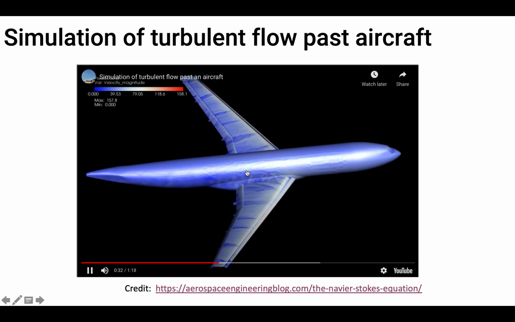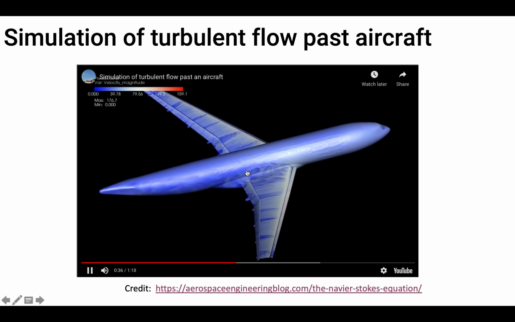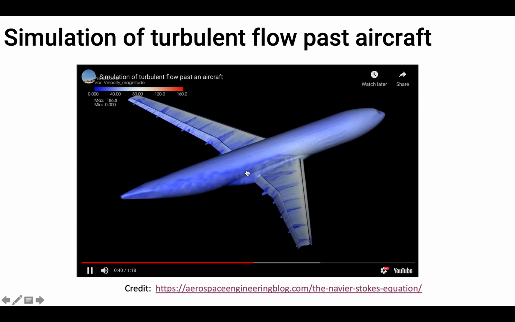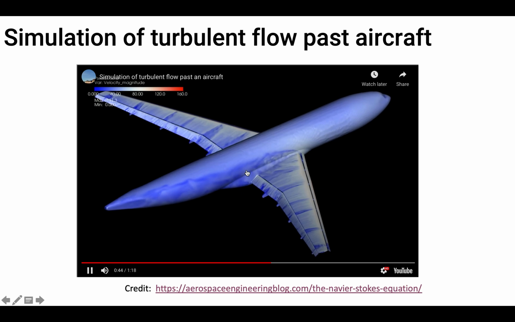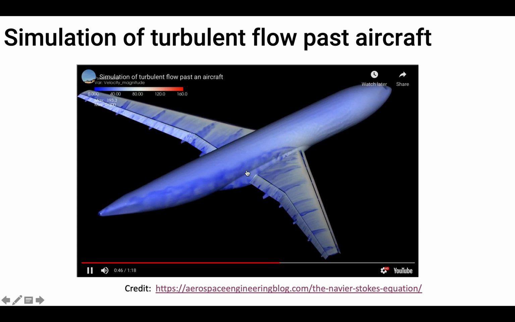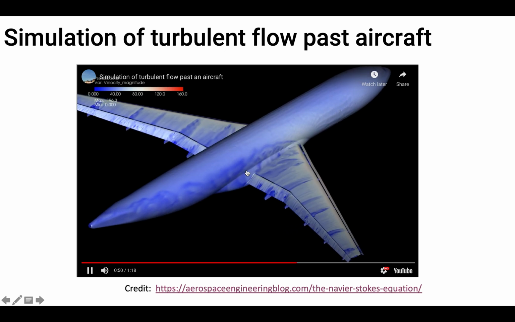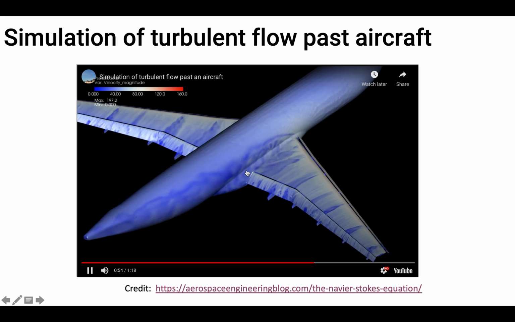The computational fluid dynamics programs that solve the Navier-Stokes equations for simple and more complex geometries have become an integral part of modern aircraft design. The CFD, or computational fluid dynamics techniques that solve these equations, have helped, for example, to improve flight stability and reduce drag in modern aircraft.